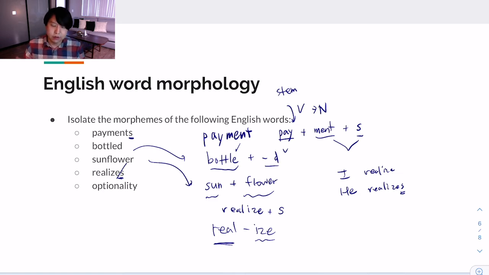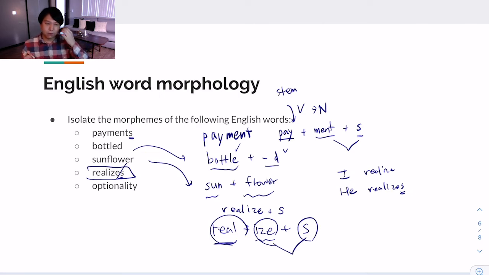Something is real. So you make something actual, like a real thing. The whole process is called realize. So this word realizes is made of three parts: real, ize, s, and these two are suffixes, so therefore bound morphemes, while real is a free morpheme. You can use it: it is real.